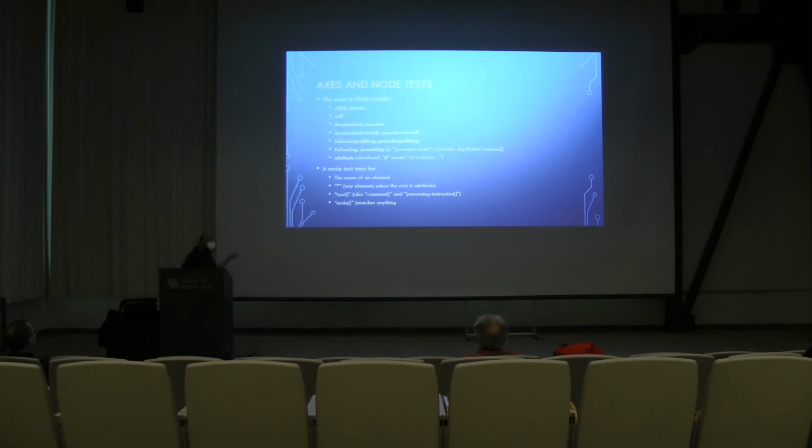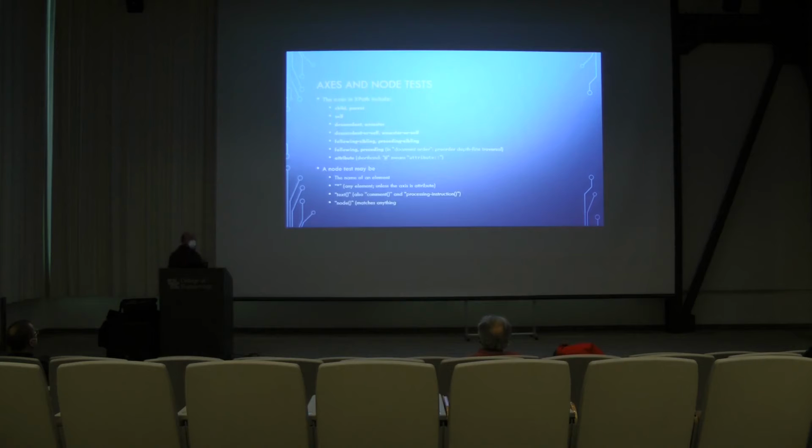You can also specify descendants or ancestors, so just the strict transitive closure of child and parent respectively, or the non-strict versions, descendant-or-self, ancestor-or-self. It's just descendant as well as myself, and parent as well as myself. So like a union of those two axes.